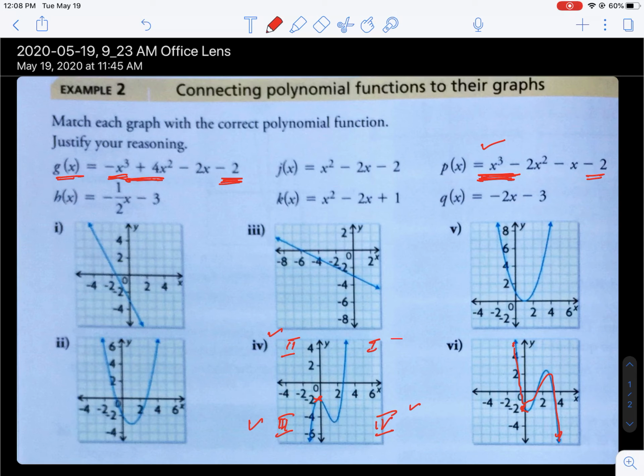Okay, the leading coefficient should be minus. So definitely it tells me for 4, this one is an increasing function. So we can safely say that this equation represents graph 4. Okay, and this one represents graph Roman numeral 6, because it's a decreasing function.